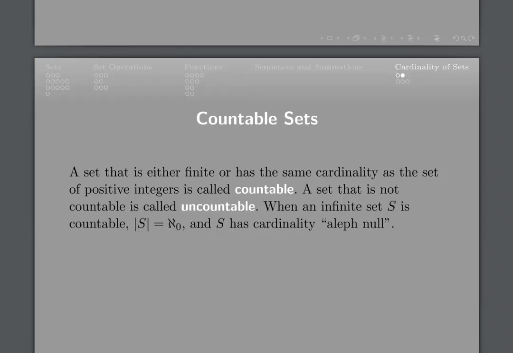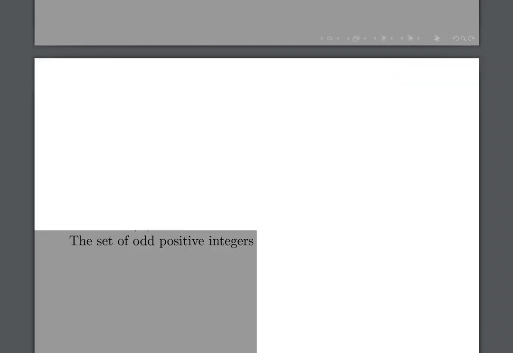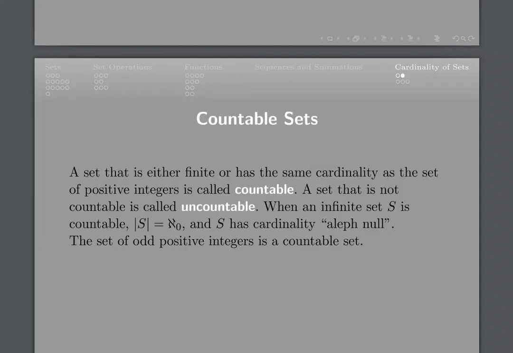Okay, so this is what I was describing before, the Hebrew letter Aleph. When an infinite set S is countable, the cardinality of S is said to be Aleph null. So that is the cardinality of the set of natural numbers. The set of positive integers is a countable set, same as with the odd numbers.